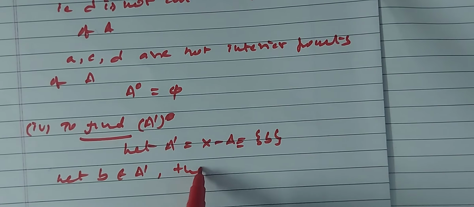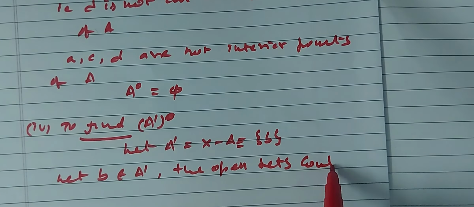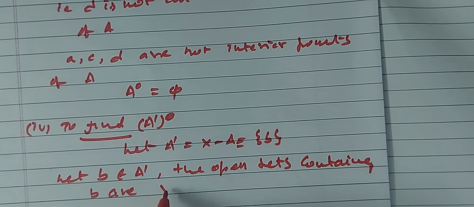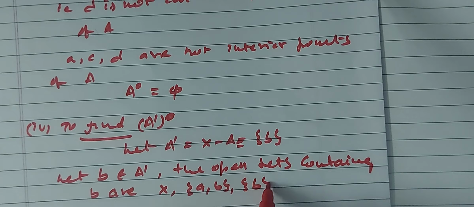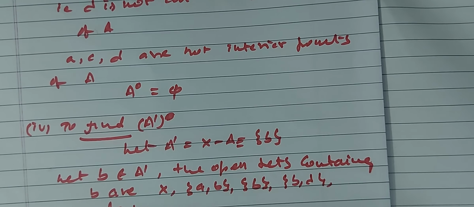The open sets containing B are X, {A, B}, {B}, {B, D}, {A, B, C}, {A, B, D}.